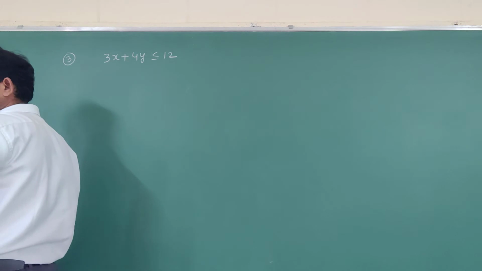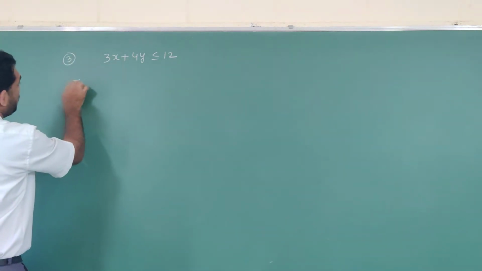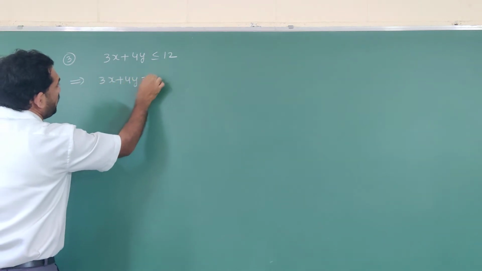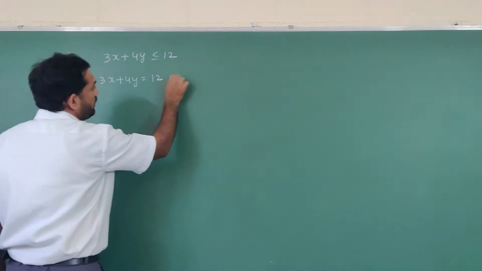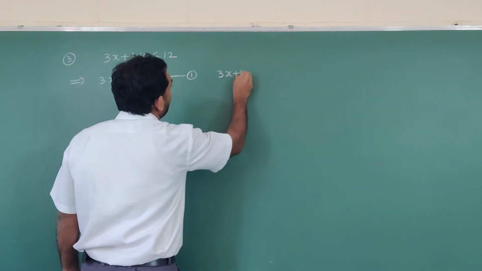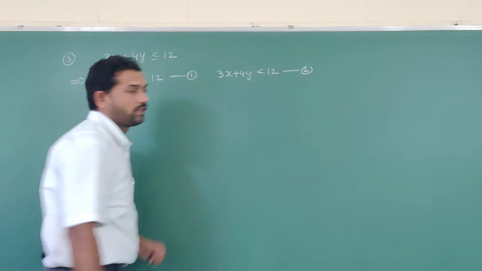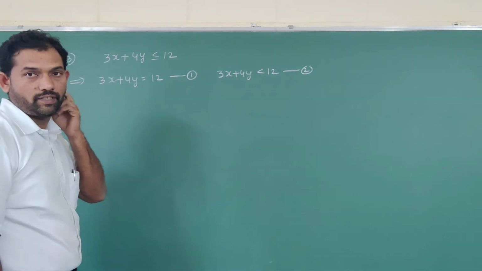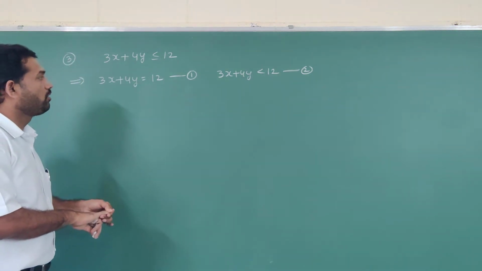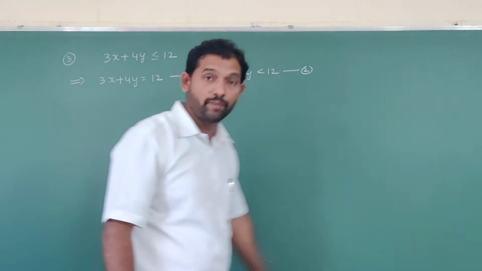Simplify this. 3x plus 4y equal to 12 is equation number 1. 3x plus 4y less than 12 is equation number 2. Understand?